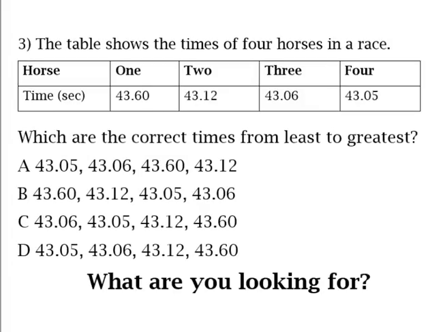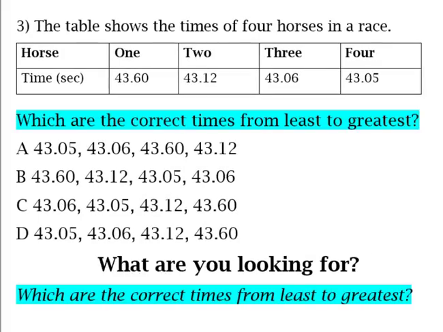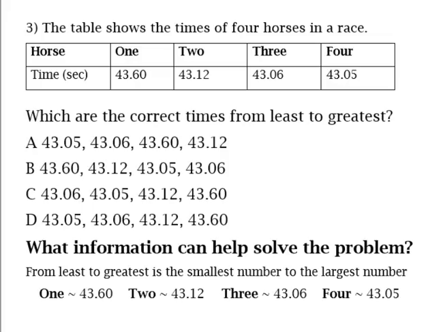What are we looking for? And remember our hint, it ends in a question mark. If you said that we are looking for the correct times from least to greatest, you are correct. Let's take a look at what information can help us solve the problem.